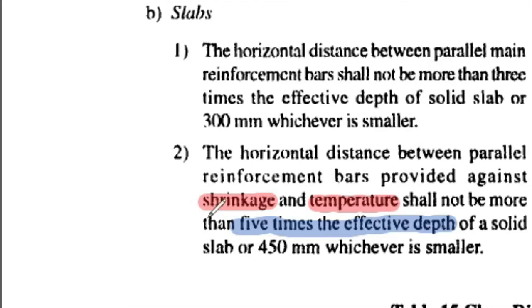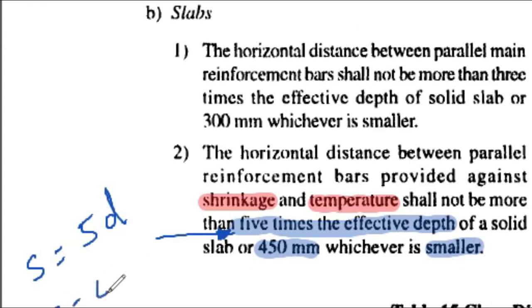So what does it basically say? The spacing according to this clause, the spacing should be 5d for distribution steel. Okay. And then or 450 mm, in no case it should exceed 450 mm, whichever is smaller, or S is equal to how much? 450 mm.